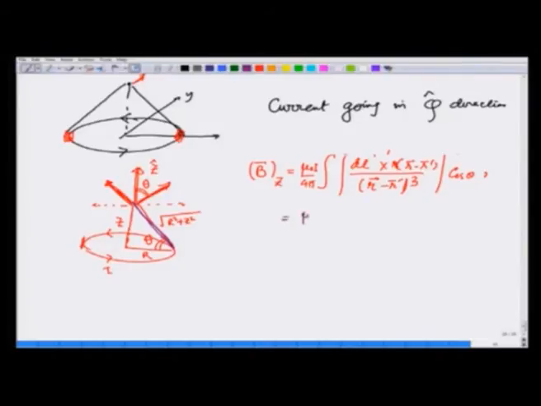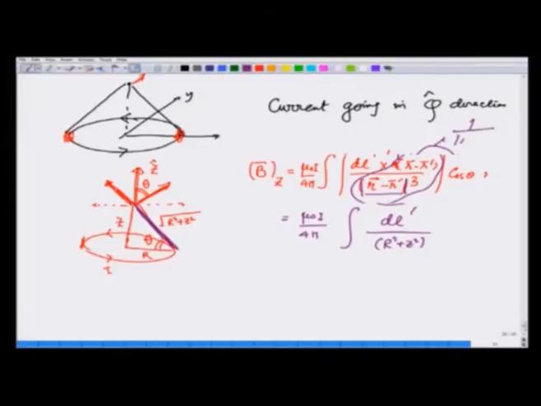This can be written as mu 0 I over 4 pi integration. This distance is nothing but mod r minus r prime, and we have already said this is going to give me dl prime over r square plus z square, because this together gives me 1 over mod r minus r prime squared.